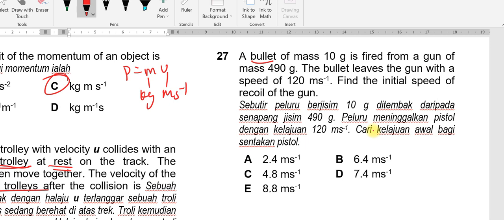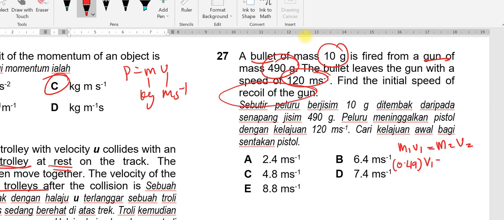Bullet and gun, explosion, M1V1 equals M2V2. A bullet of mass 10 gram is fired from a gun of mass 490 gram. The bullet leaves the gun with this speed. What is the initial speed of the recoil of the gun? Initial speed is 0, they say it like that, you just do it normally. Let's take the pistol's mass, 0.49. They are asking the velocity of the pistol, that is, the gun's velocity V1. Then the bullet is 0.01, and its velocity is 120.